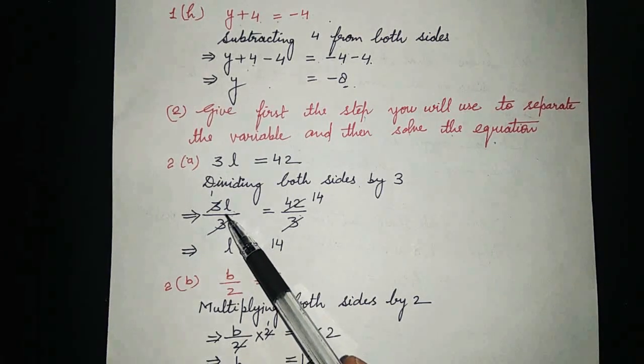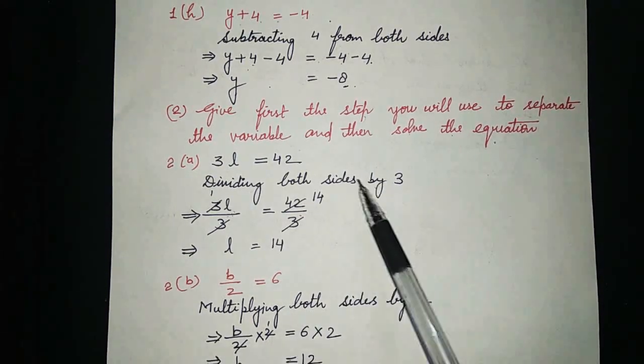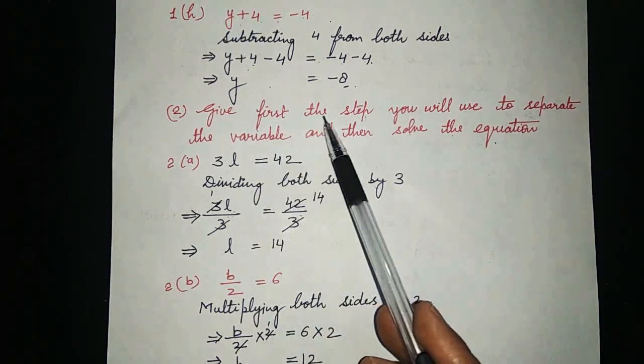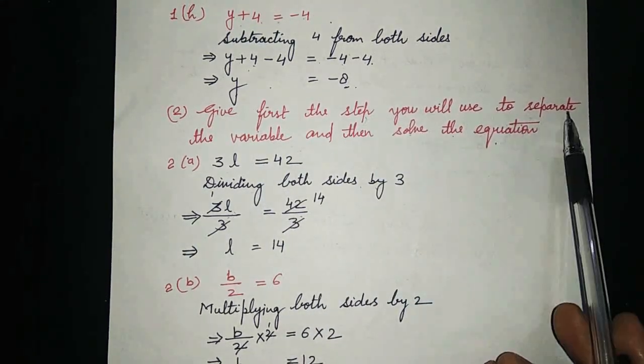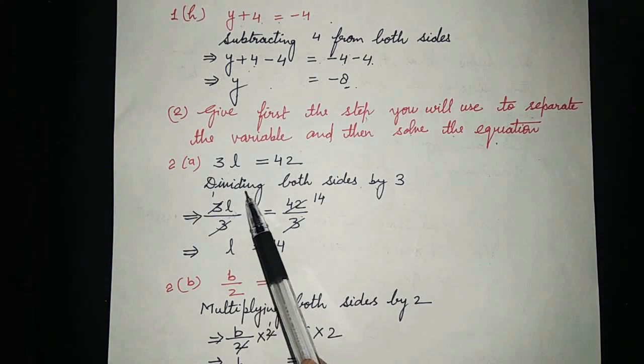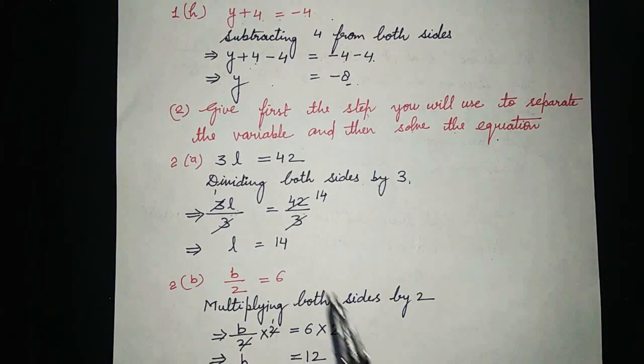And like this we can separate the variable. Before this we will write the step, because we have got the instruction in the question: give first the step you will use to separate the variable. So what are we going to do? We are dividing both sides by 3.